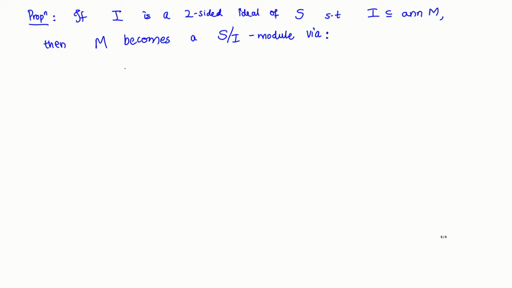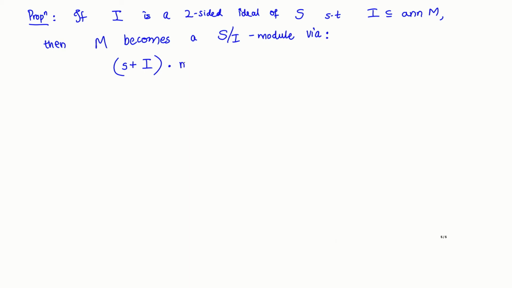Take an element of S/I. What does a typical element look like? It's a coset, so I'll write it as the coset s + I.